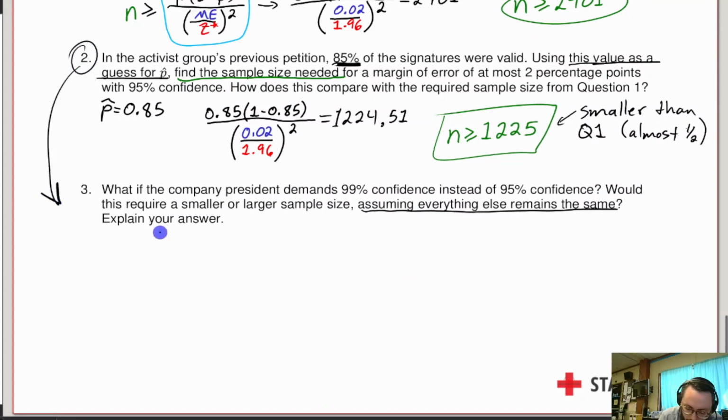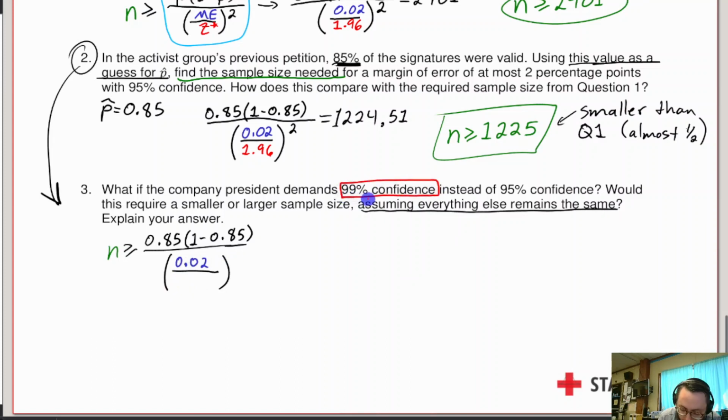So n has to be greater than or equal to 0.85 times 1 minus 0.85, divided by, we keep the margin of error the same, 2. The only thing that changes is our critical value, because now we're dealing with 99% confidence.